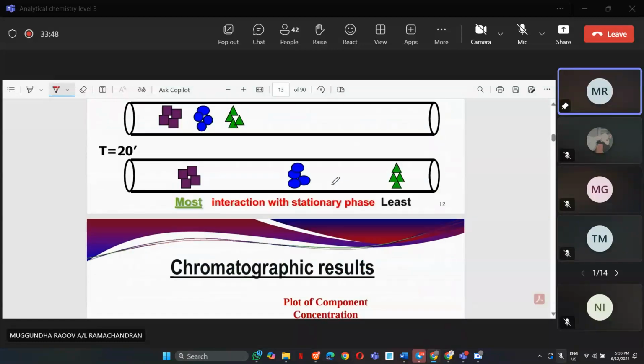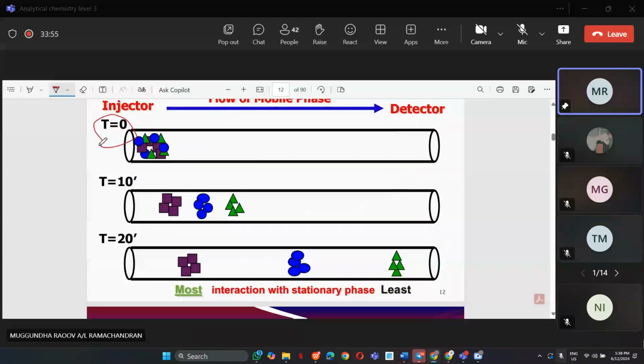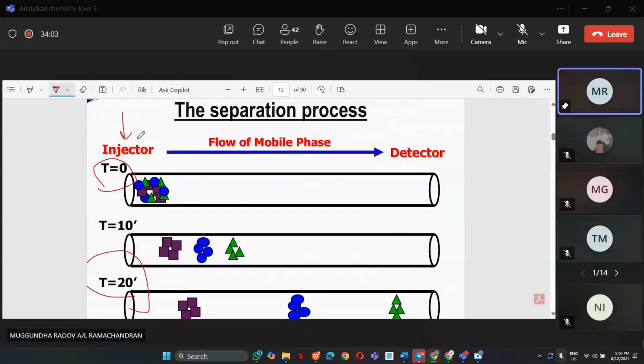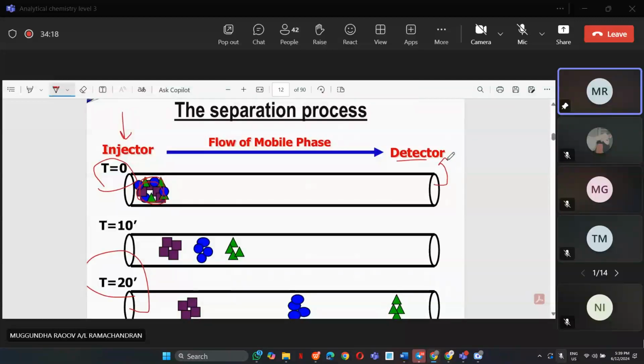Okay, class, you can look at this picture. When you look at this picture, you see here at T0 and at T20. We inject the sample at the injector port. When the sample goes through the column, this is a mixture, a combination of a few compounds. The mobile phase keeps flowing, and finally the output from the column goes to the detector.